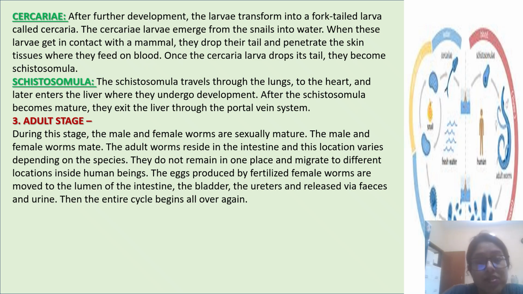The adult worms reside in the intestine, and this location varies depending on the species. They do not remain in one place and migrate to different locations inside human beings. The eggs produced by the fertilized female worm are moved to the lumen of the intestine, the bladder, or the uterus, and released via feces and urine. Then the entire cycle begins all over again.